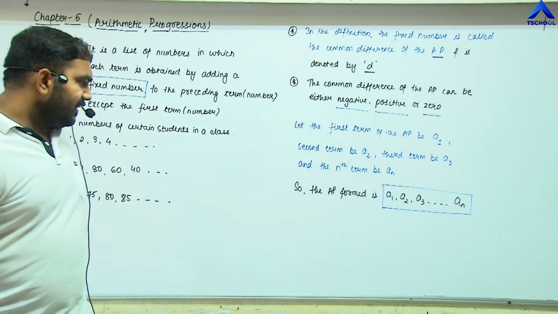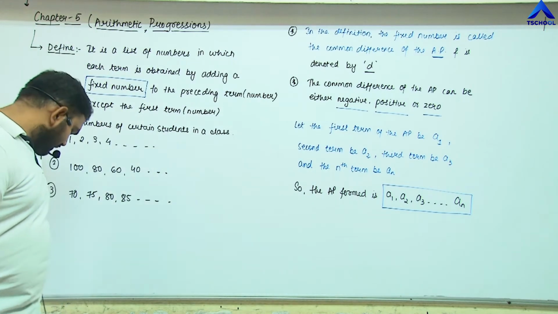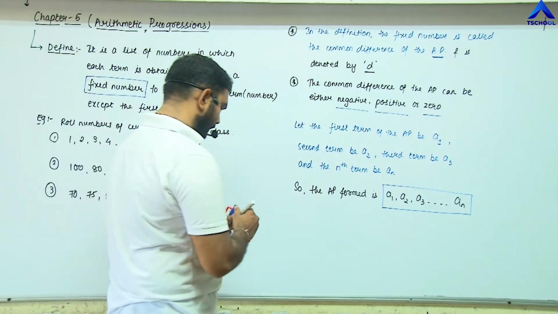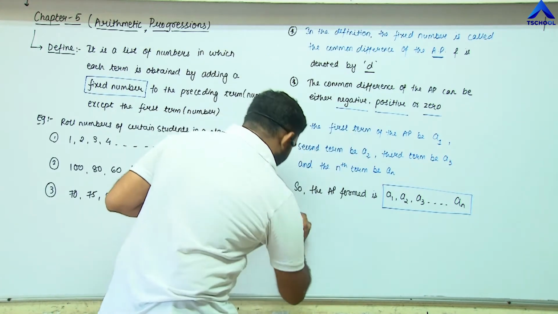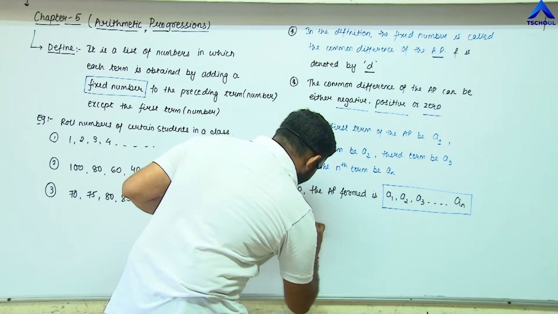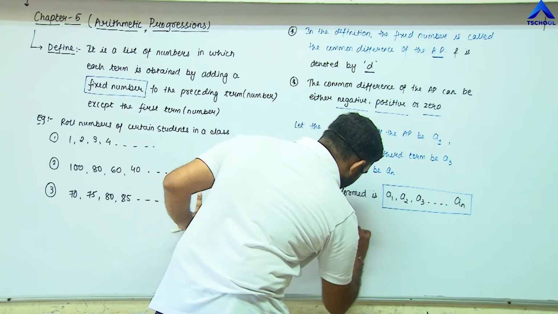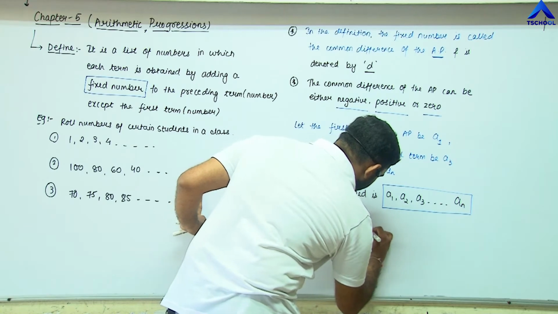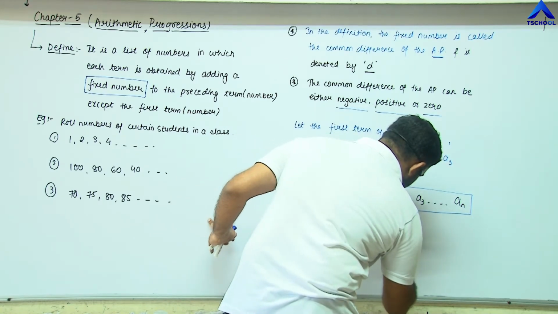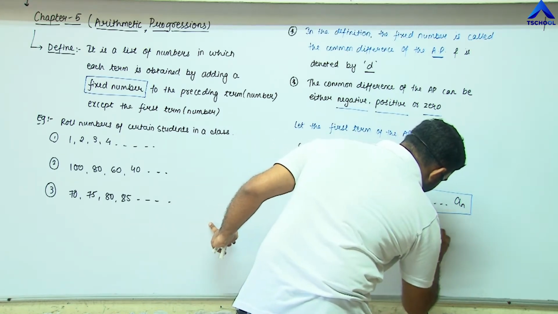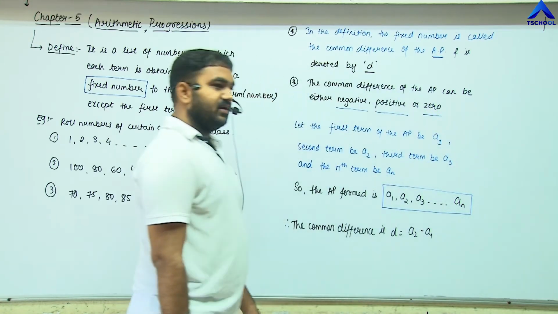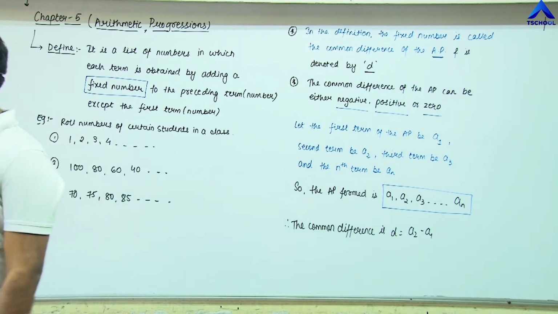So finding out the common difference from this AP, according to the definition, the common difference is d equals a2 minus a1, right? We need to find out that difference.